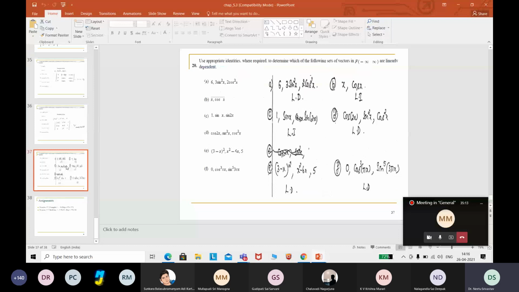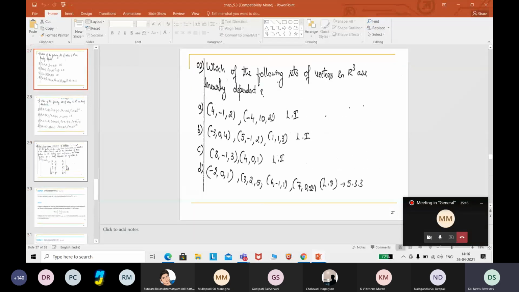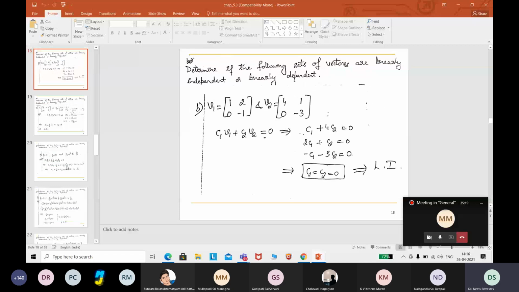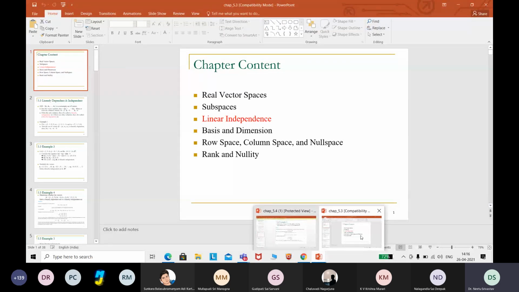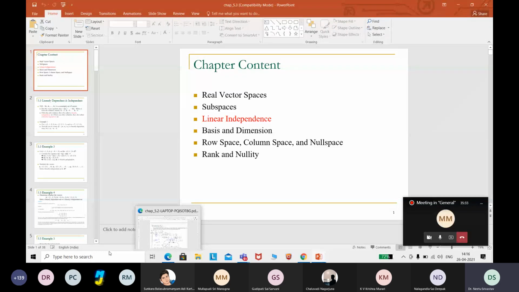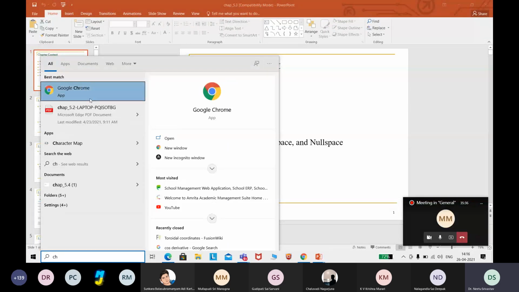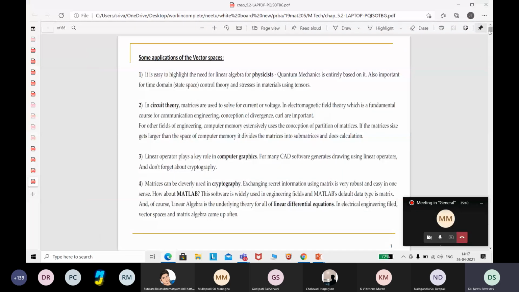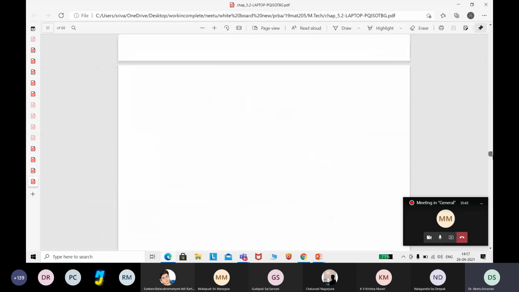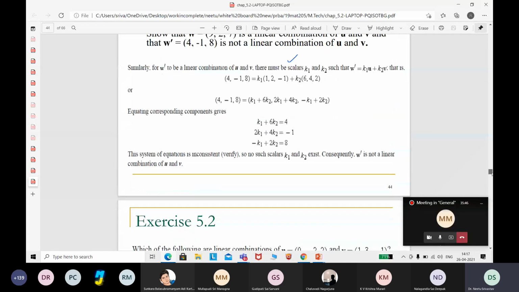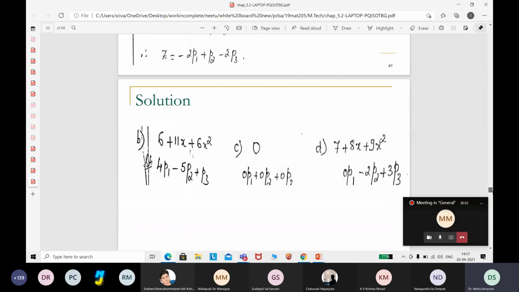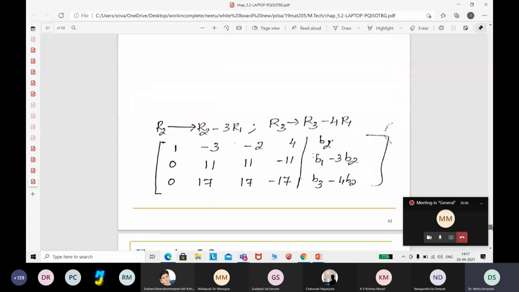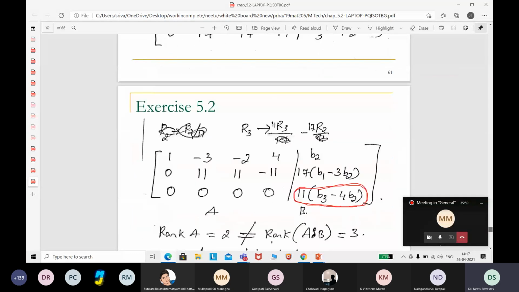Spanning must come now. This is dependent, independent. This equation I was explaining to you.